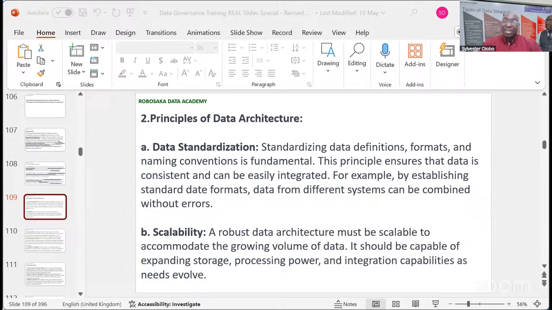The purpose is just to create a situation whereby you'll be able to find things very, very easily in your quest to have the integrity of data. So it is so critical.